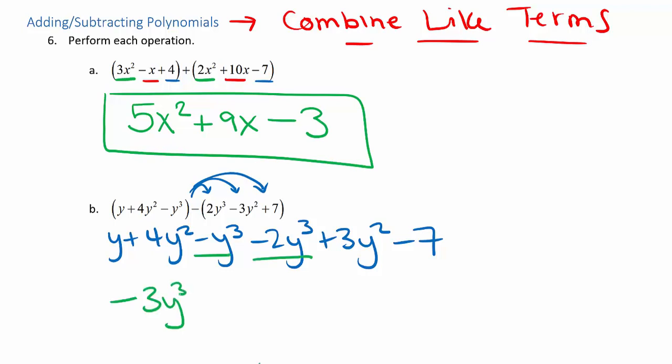Minus y cubed minus 2y cubed would be minus 3y cubed. Plus 4y squared plus 3y squared is plus 7y squared. Again, notice the exponents don't change when you add. And then I just have one term with a y, so plus y. And then just one constant term, the minus 7. I'll tack that on.